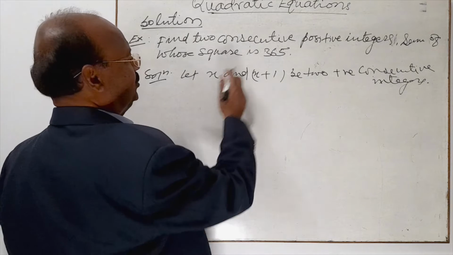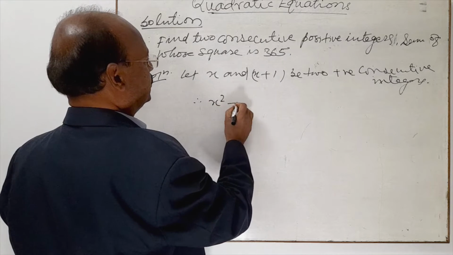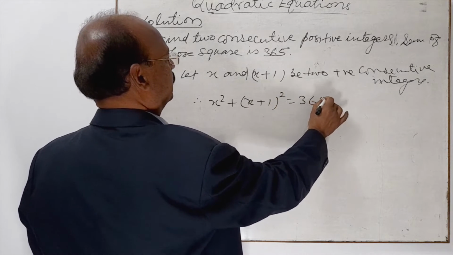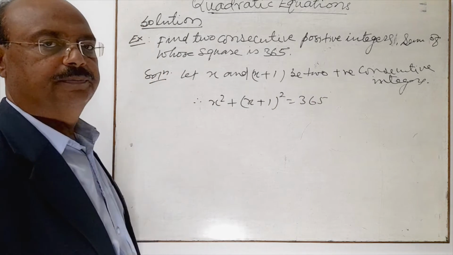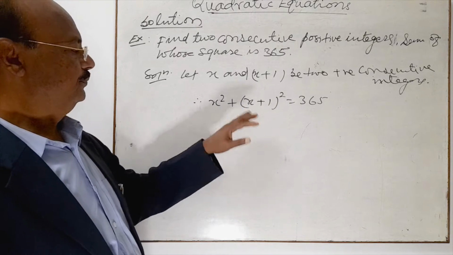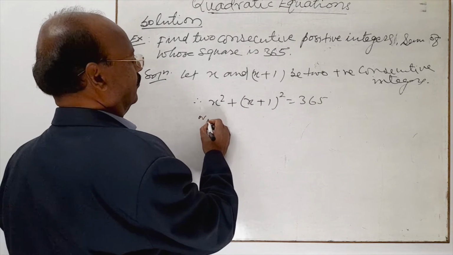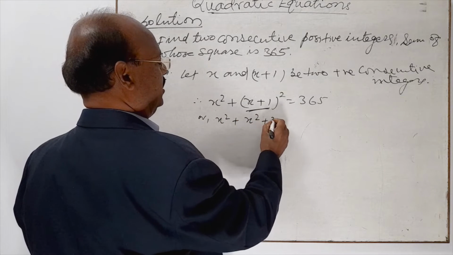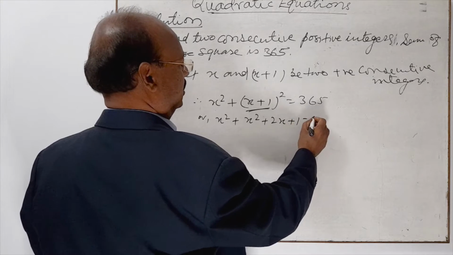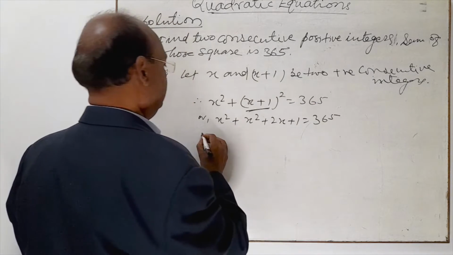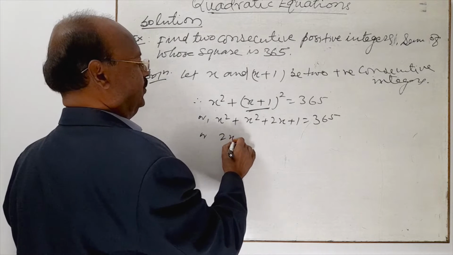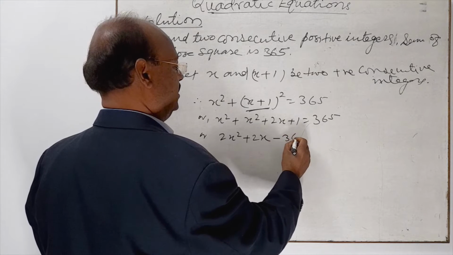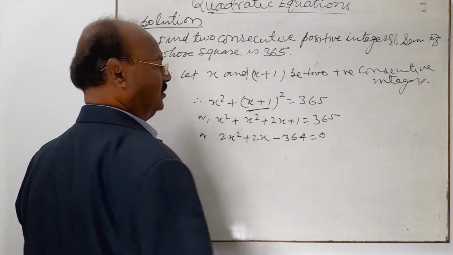So according to the question, you can write x square plus x plus 1 whole square is equal to 365. Now let us solve it. Or x square plus x square plus 2x plus 1 is equal to 365, or 2x square plus 2x minus 364 is equal to 0.